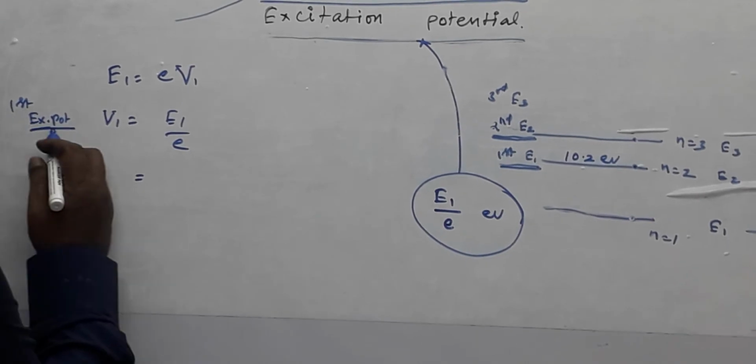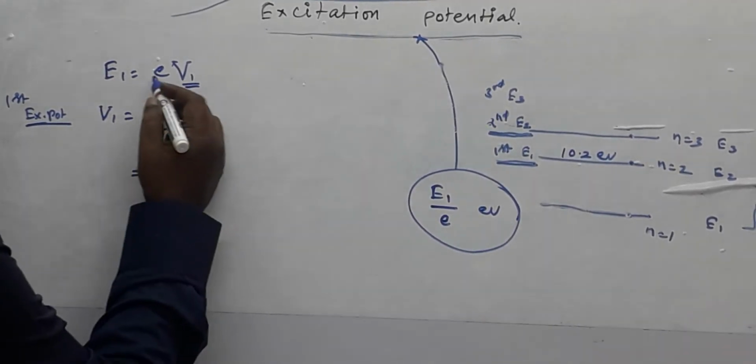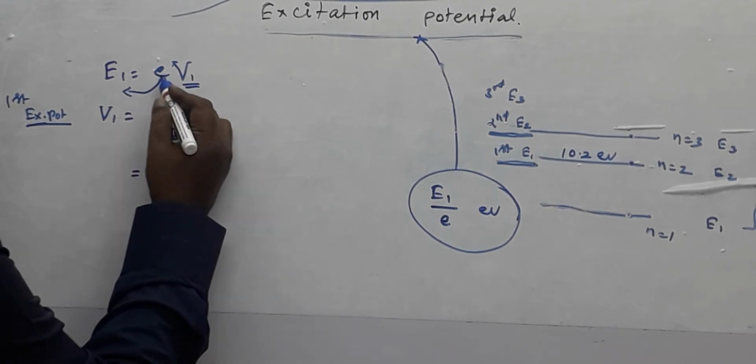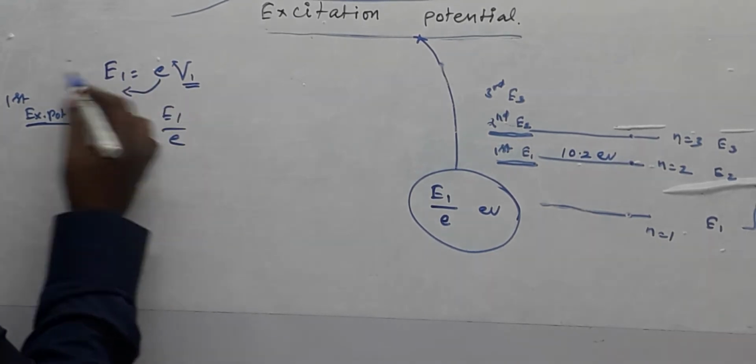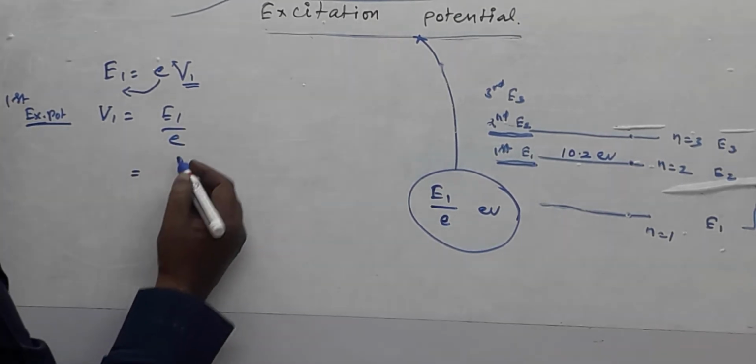Therefore, for the first excitation potential V1, you bring the charge to the left hand side, E1 by e.